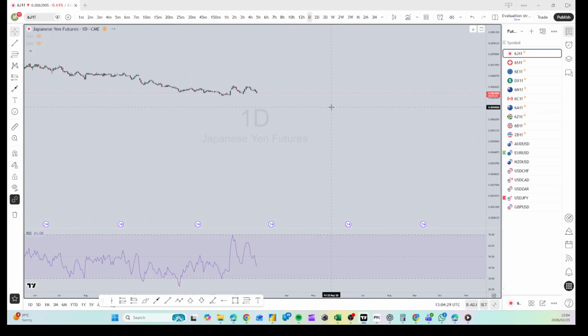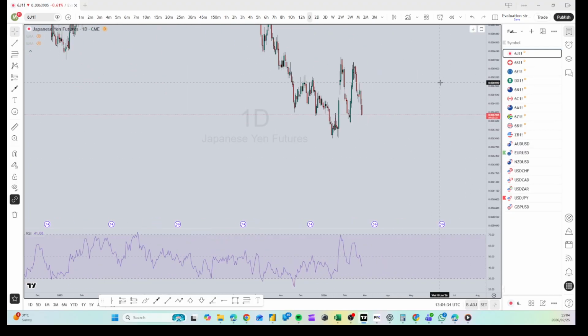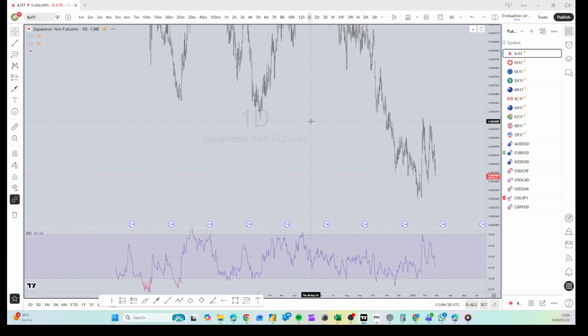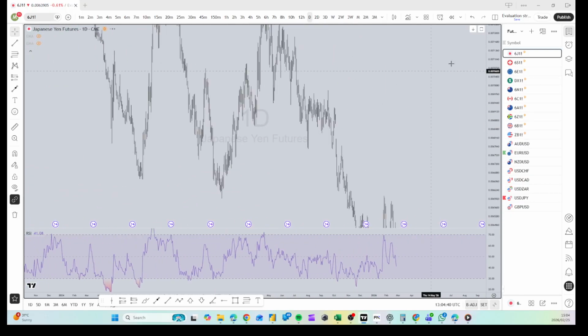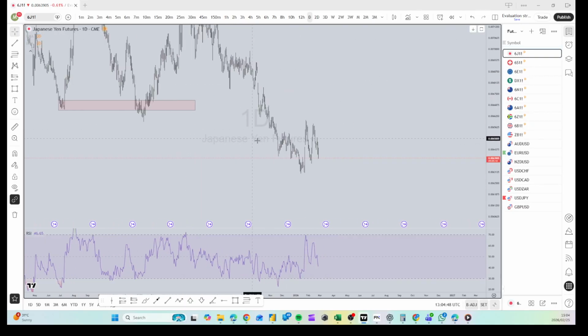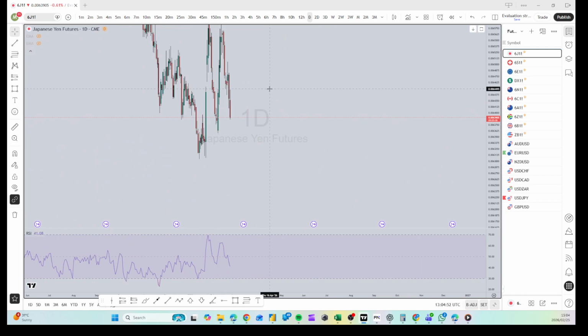Okay, it's an extremely bearish currency, but we tried to move to the upside right here, and then the continuation persisted, and right now it looks like we are back.